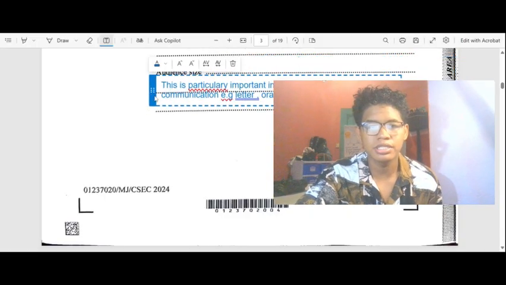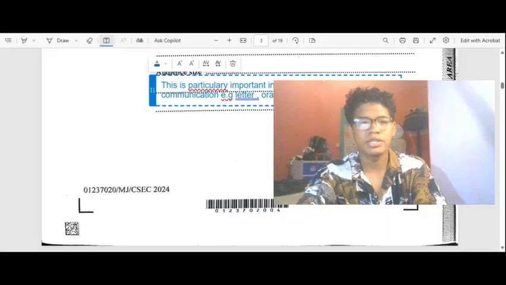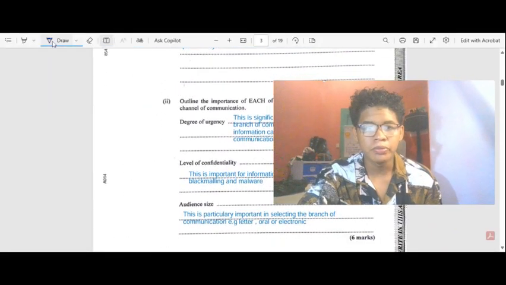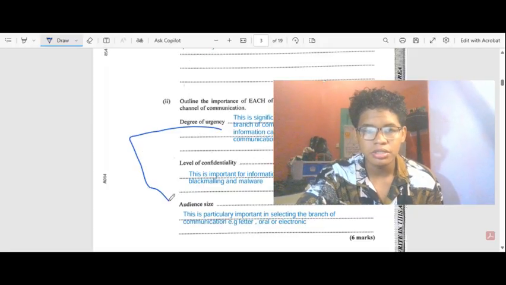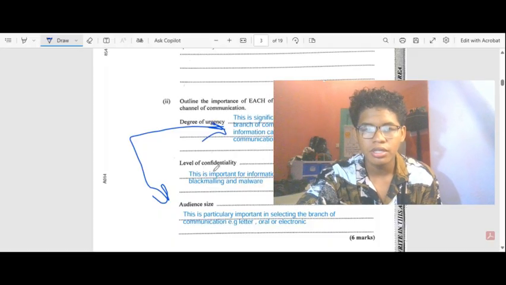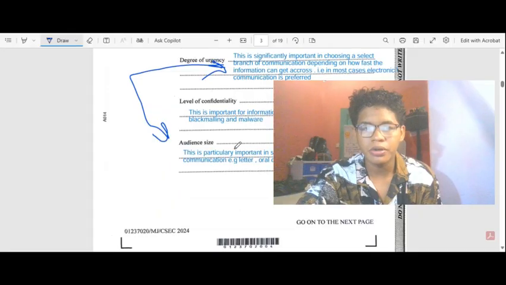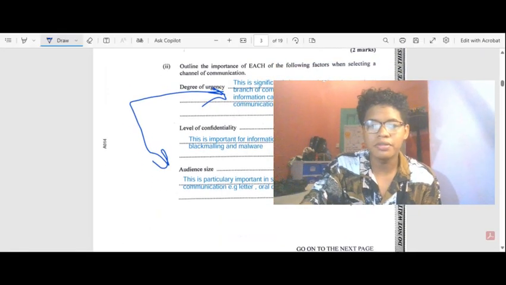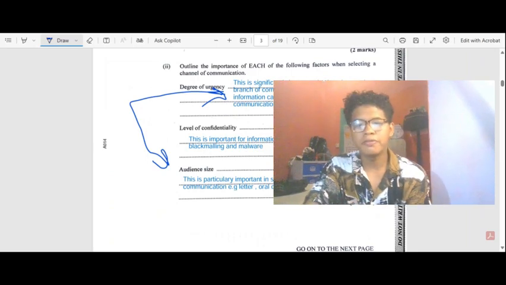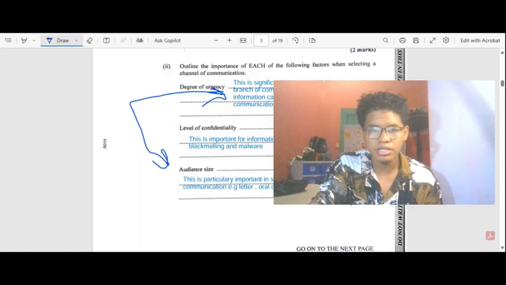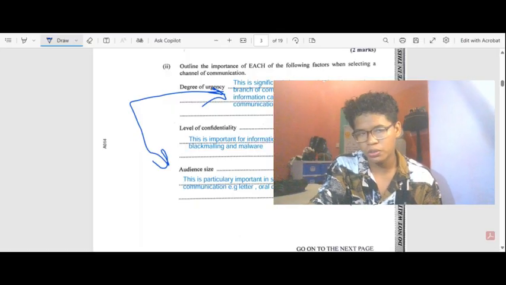So this here and question one are relatively similar, like degree of urgency. Both of these tie into each other. These are particularly important in selecting the branch of communication, and audience size and degree of urgency are extremely similar. For the audience size, it is particularly important because it helps us in determining what branch of communication we are utilizing.